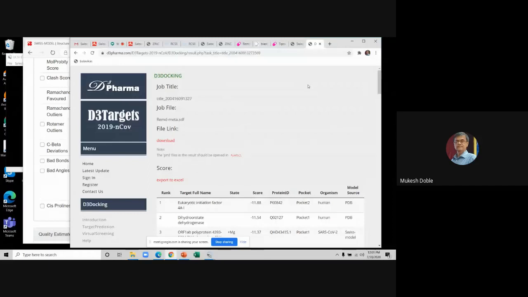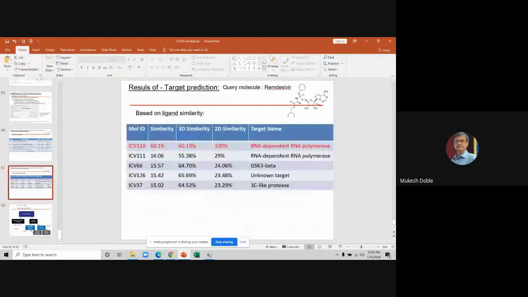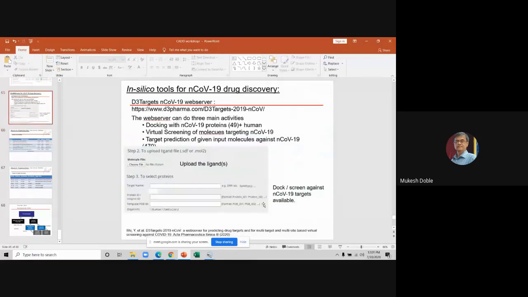So we can use all of them for possible target predictions. Okay, so as you can see, it gives you possible human targets, possible COVID targets, and so on.